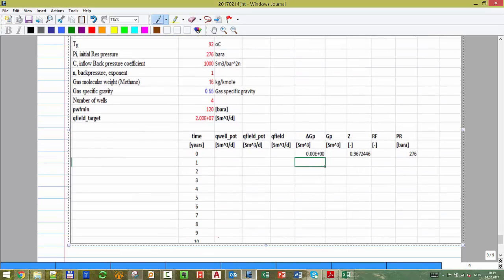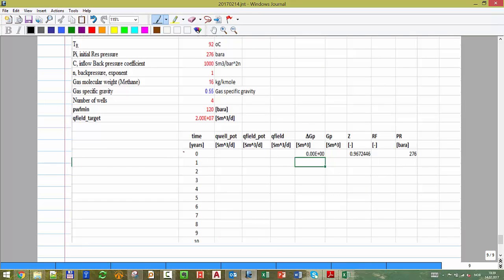That year indicates the end of the year. So the end of year 0 is exactly when I am supposed to start producing. At the end of year 1, I will have been producing some amount for that particular year.